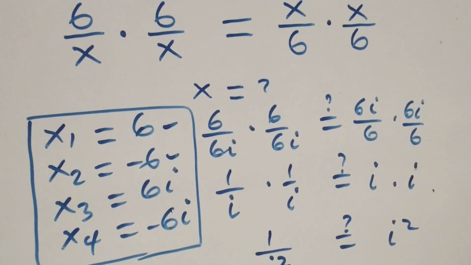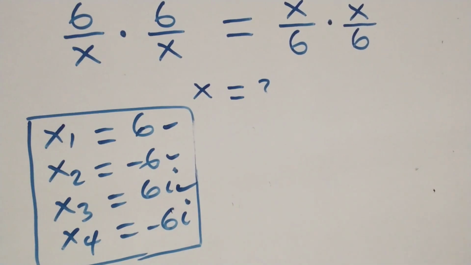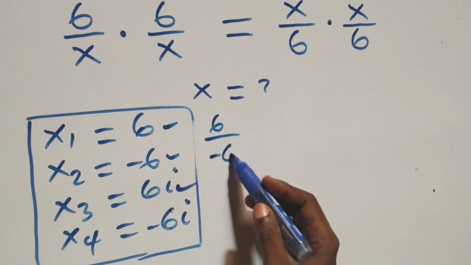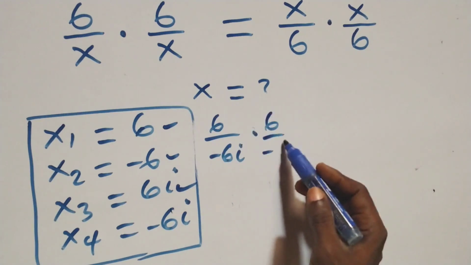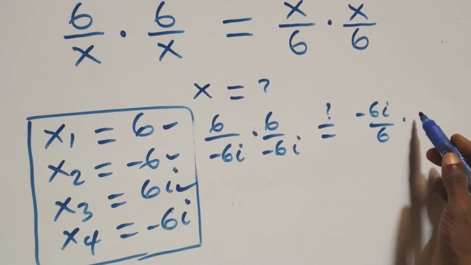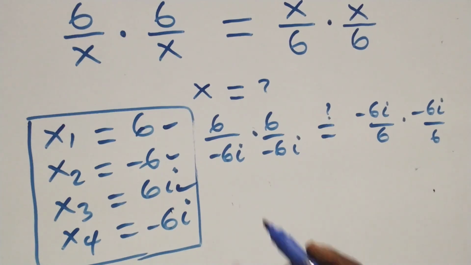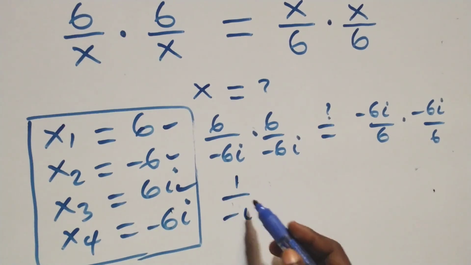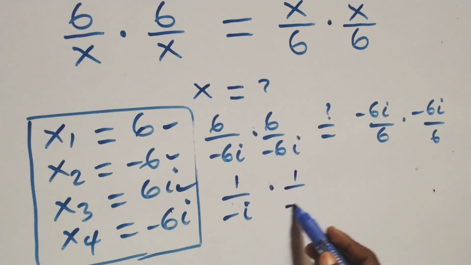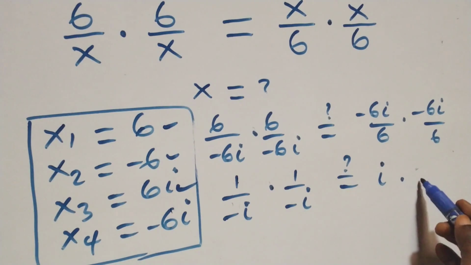satisfies this given problem. Also we substitute x equals minus 6i. That is, what we have here becomes 6 over minus 6i times 6 over minus 6i is equal to minus 6i over 6 times minus 6i over 6. Then 6 over minus 6i, I write that as 1 over minus i, times also here 1 over minus i, is equal to, we can write it as minus i times minus i.